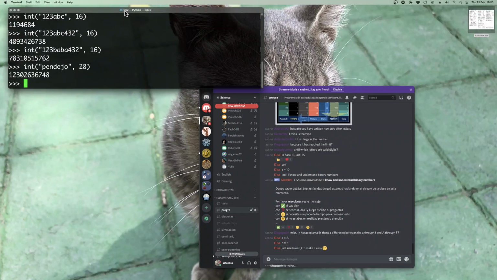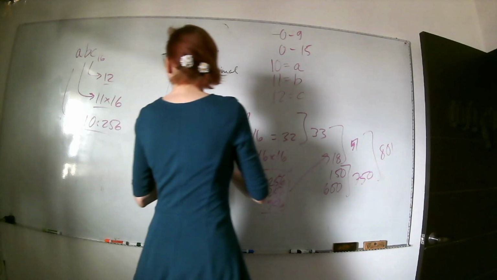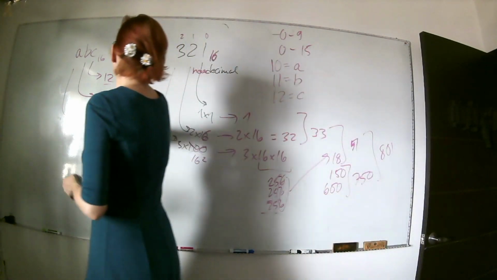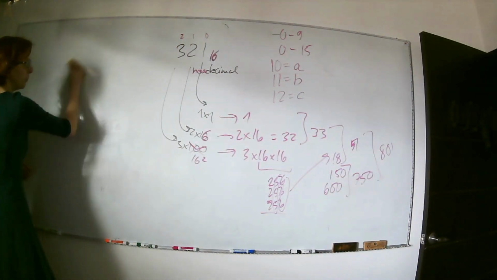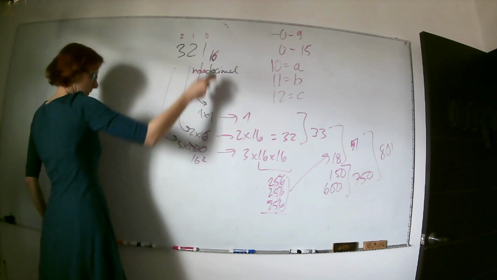Okay, I'm gonna go back on the whiteboard, and I hope you guys are gonna notice that this is an obvious thing. So now remember how here the positions were powers of the base.